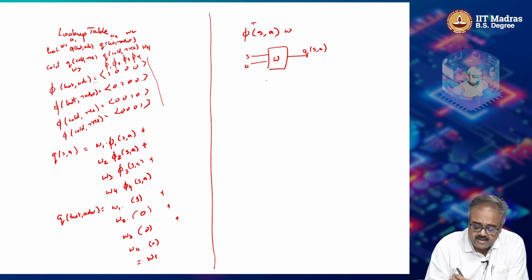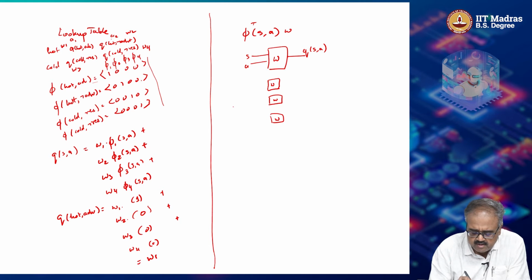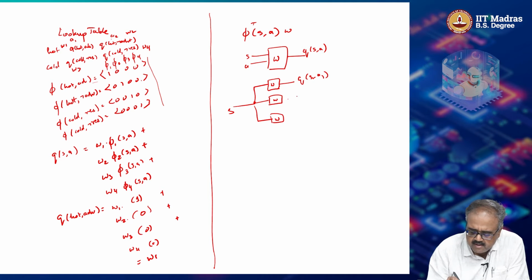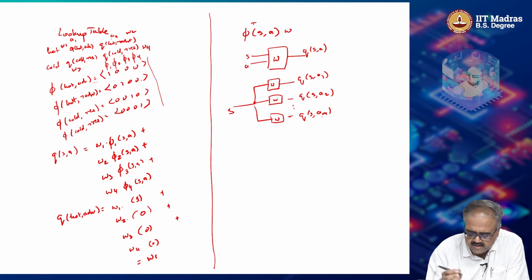Another way of thinking about it is to say that I am going to have multiple W's, each one of them takes the state, right, and gives us output Q of S comma A1, Q of S comma A2, up to Q of S comma AM, right. There are M actions. So, this will be W1, W2, up to WM, right.